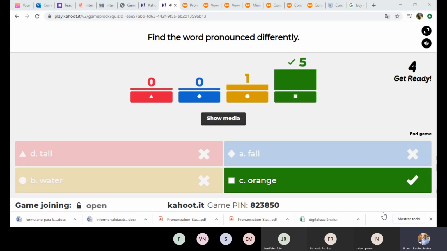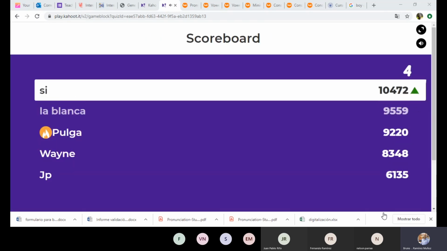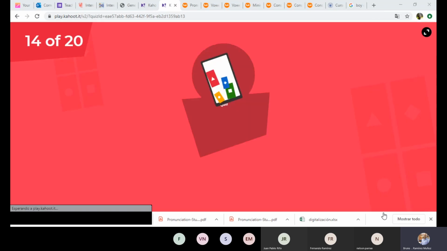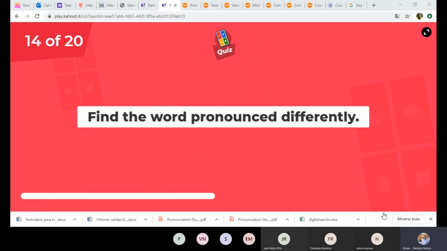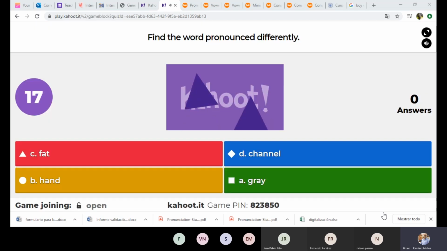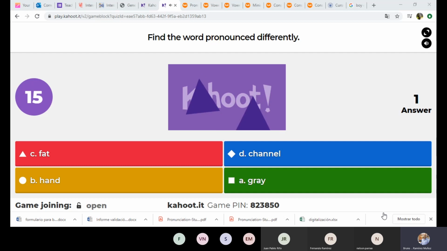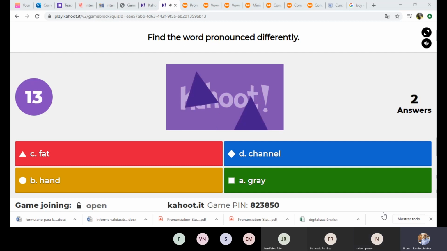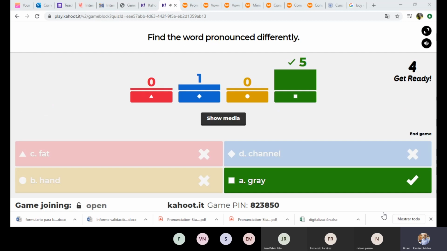Get it? Exactly. The rest were all fall, tall. 14 out of 20. The color. Green. Get it? A, diphthong. The other ones were monophthongs, right?